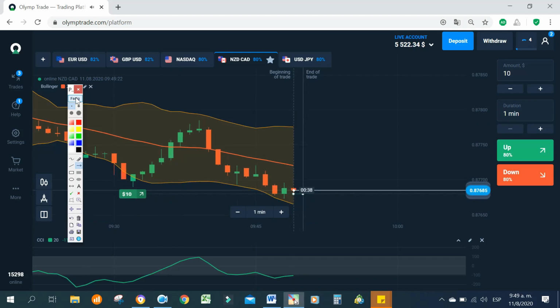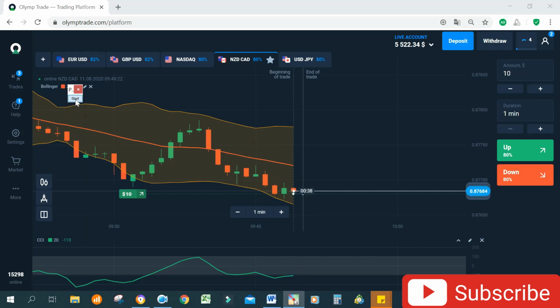These are good patterns. This is a very good bullish candlestick, and the CCI is pointing to the upper movement, as you can see, and it is also in the oversold zone. So let's wait.